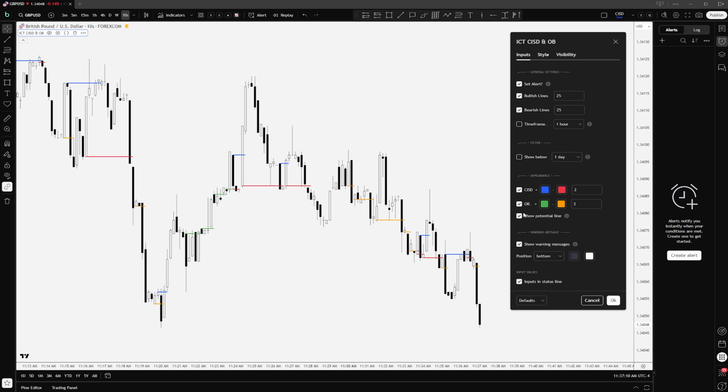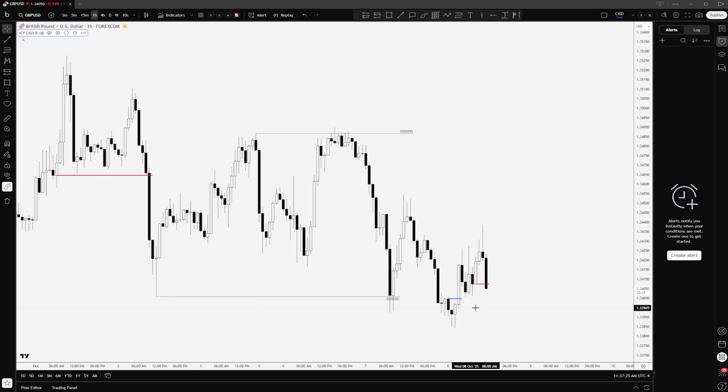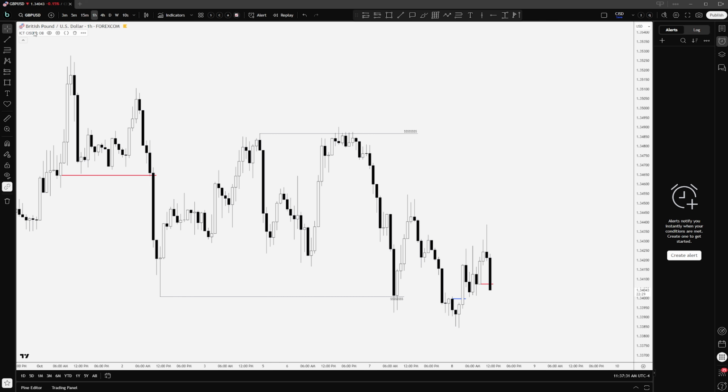So let's say I'm only interested in change in state of delivery, change in momentum. If you're only on the higher time frames, you don't care about the order blocks, the continuations. You just need to get the confirmed change in momentum in this case.